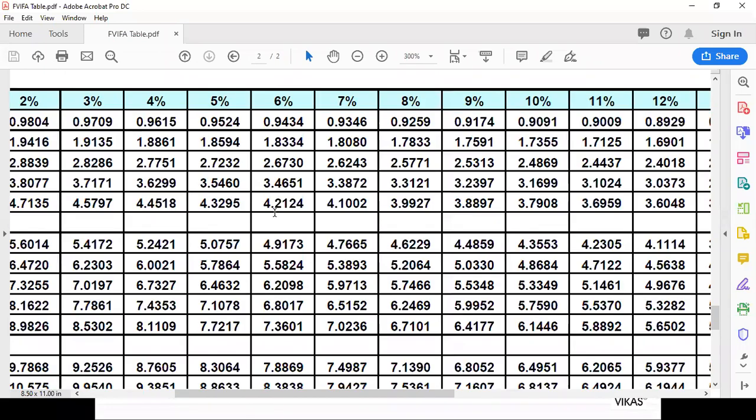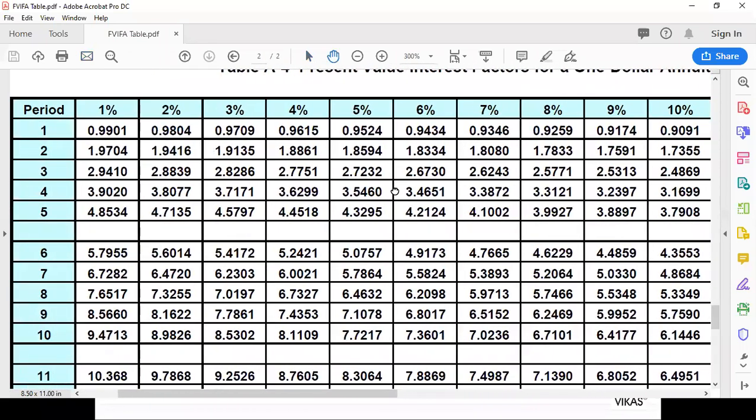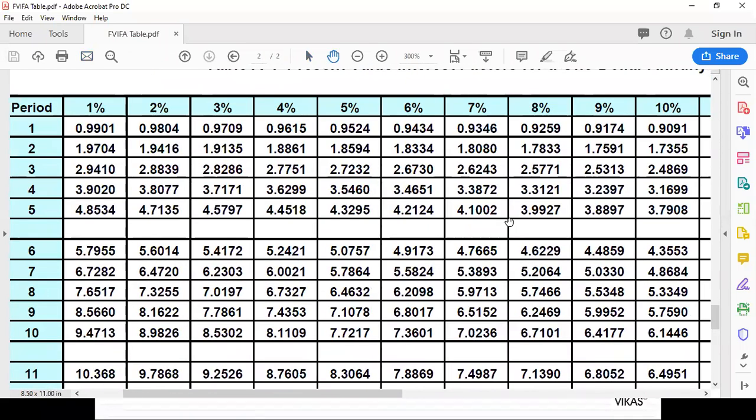What's the discounting factor? What's the cost of debt? Yeah, the cost of debt is 8%. And what's the maturity period? 5.